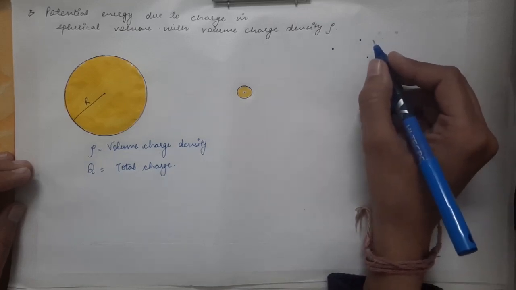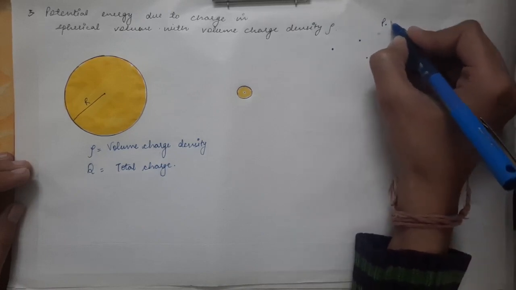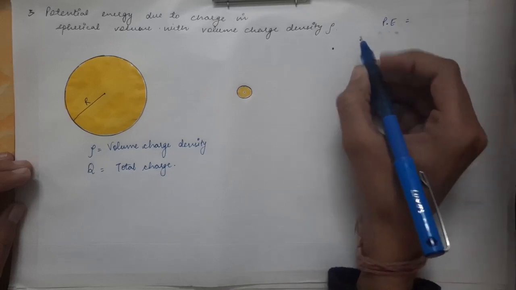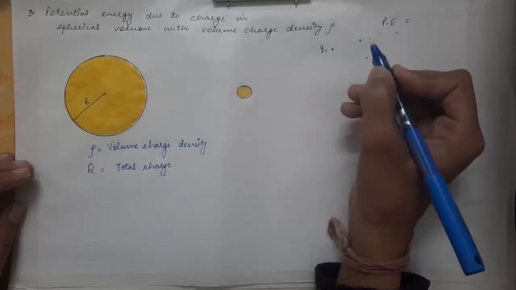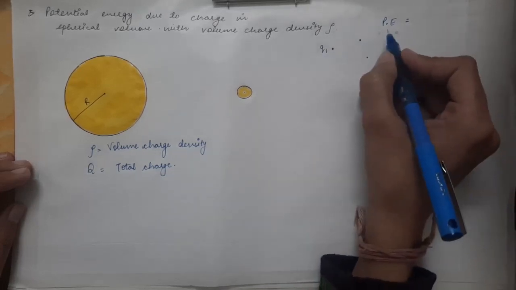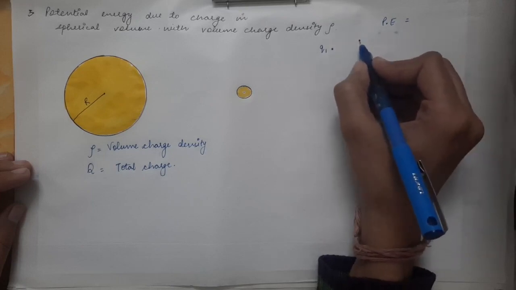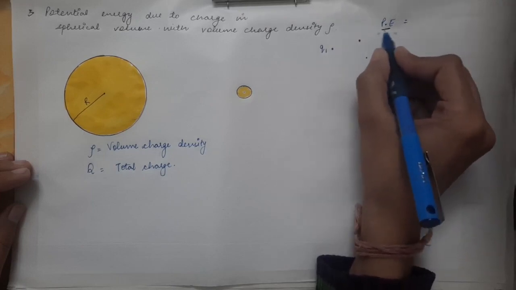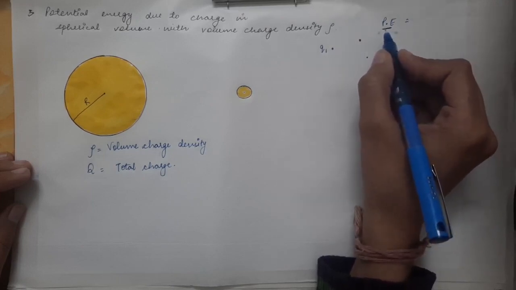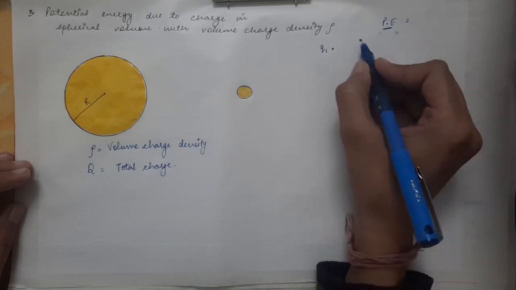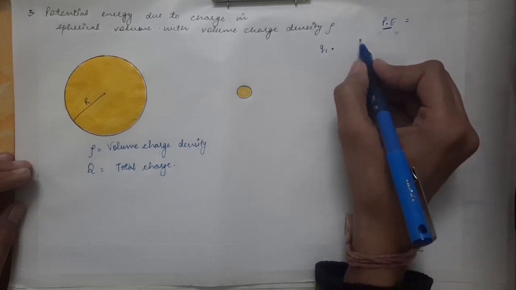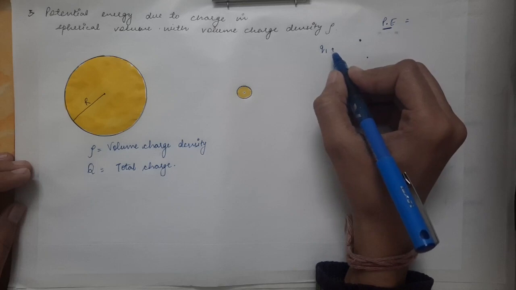So what was the criteria of finding the potential energy? For example, if you have the q1 charge already present over there and you are bringing the q2 charge from infinity to this point, what is the formula of finding potential energy? It is simple.